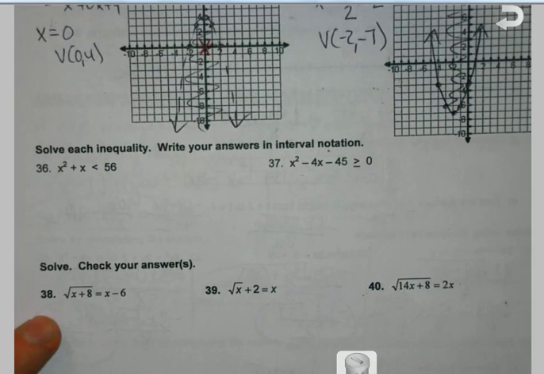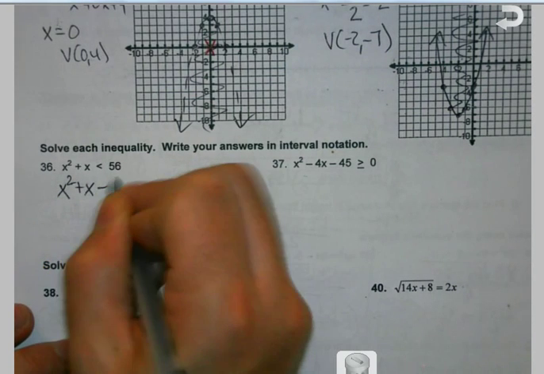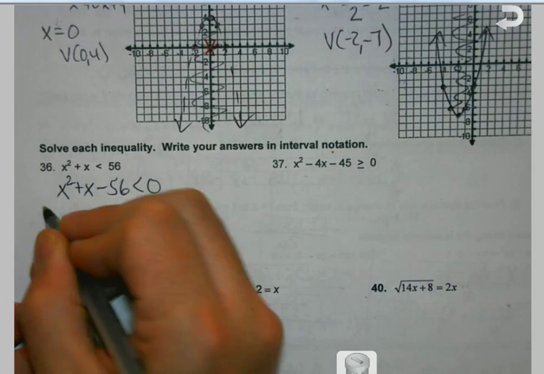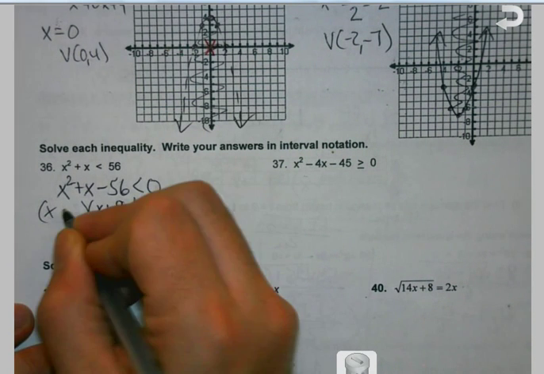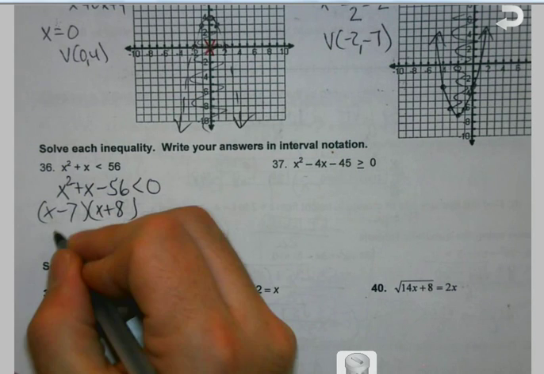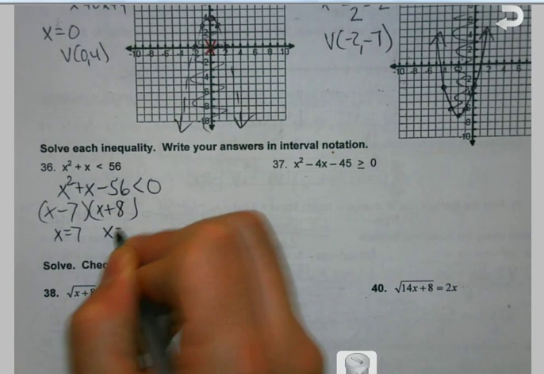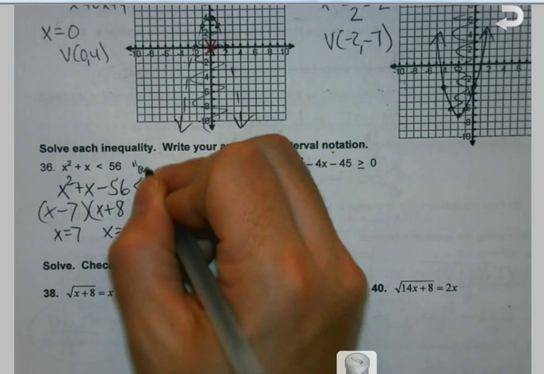Down the home stretch. Solve the inequality, write your answers. Okay. Remember what we talked about with these. Once they're factored, and again, at this point, you should be running them off as fast as I am with this. Once I know what my zeros are, this less than tells me this is an and statement.